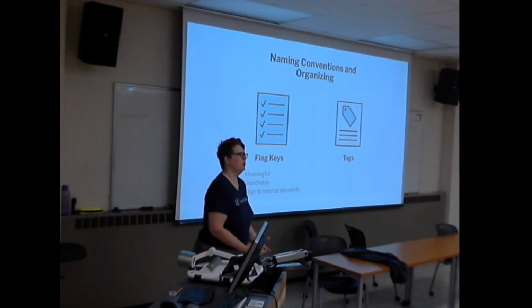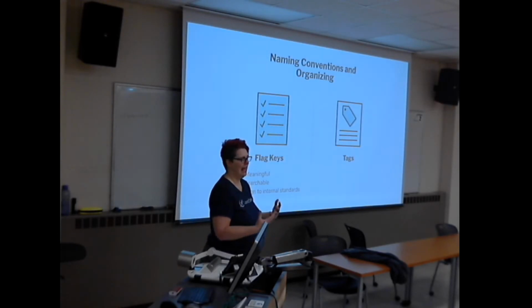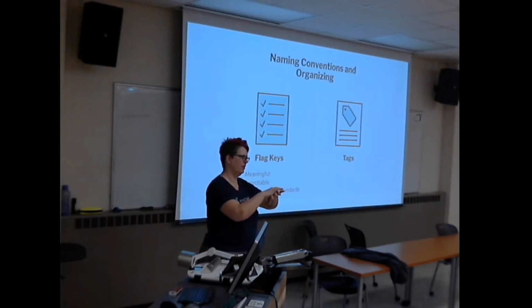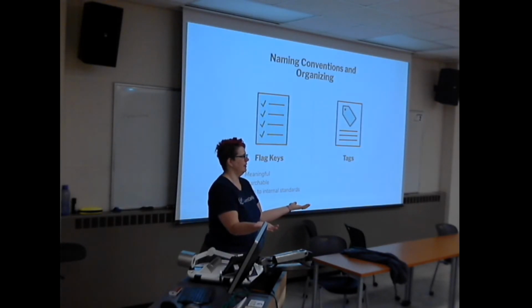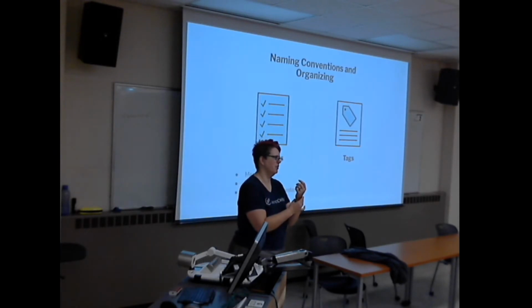When you start doing a flagging project, add flag naming conventions to your standards, not your pipeline. I mean, you should add them to your pipeline, but let's start with the style guide.